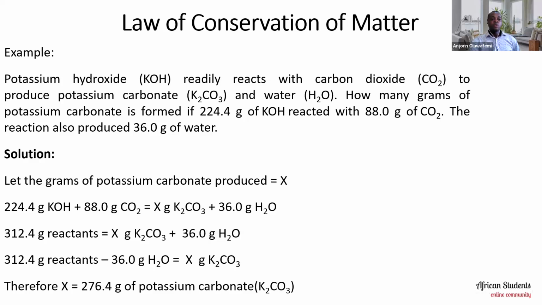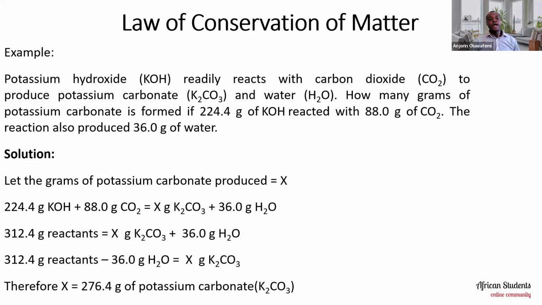The reaction also produced 36.0 grams of water. Okay, now let the grams of potassium carbonate produced be X, because that's what we are looking for. So we're told from this question that 224.4 grams of potassium hydroxide reacted with 88.0 grams of carbon dioxide to give us X grams of K2CO3 and then 36 grams of water.